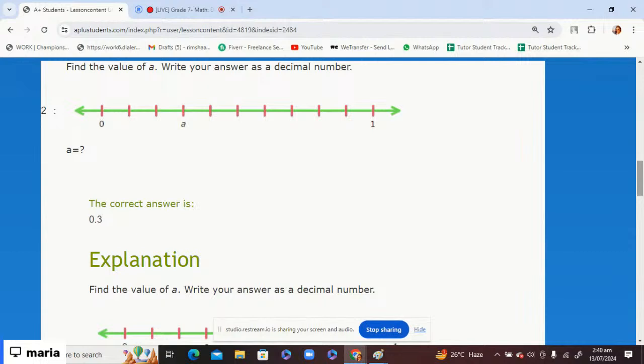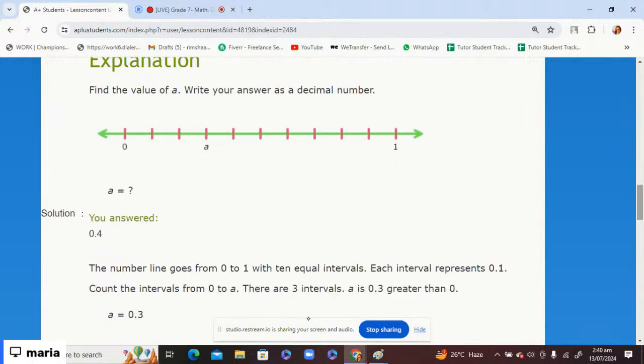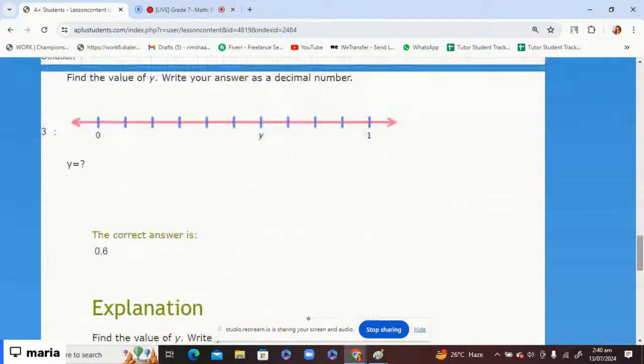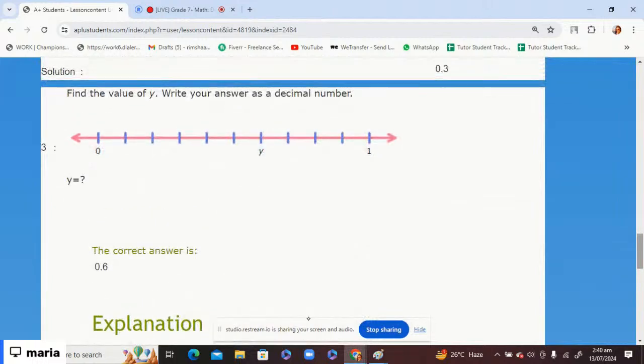So you're going to put 0.3. Okay, find the value of y and write your answer as a decimal number. The value of y is 0.1, 0.2, 0.3, 0.4, 0.5, and that is 0.6. You can write your answer as 0.6.